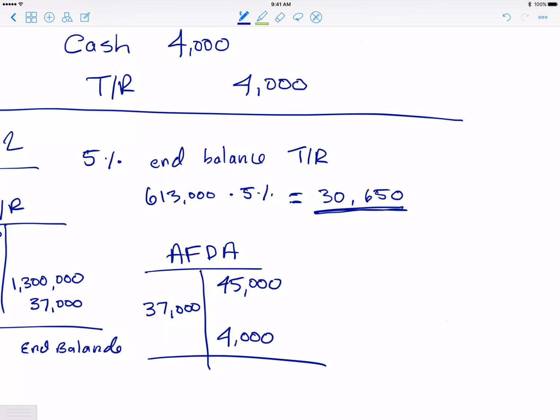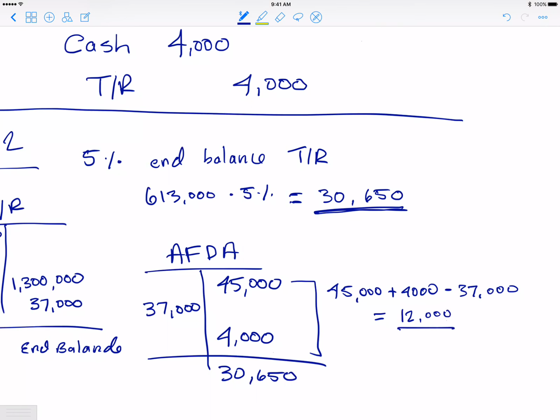And at the end of the year, what we want is $30,650. However, if we do our problem here, 45,000 plus 4,000 minus 37,000, we see that our balance right now is equal to $12,000.